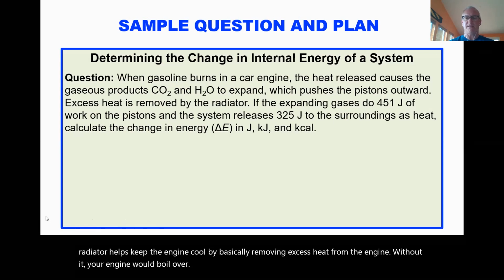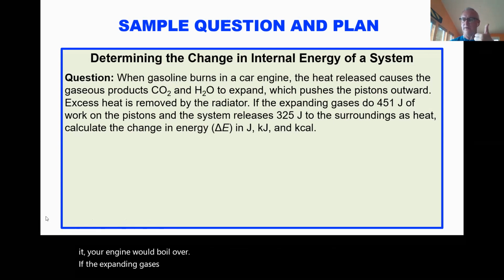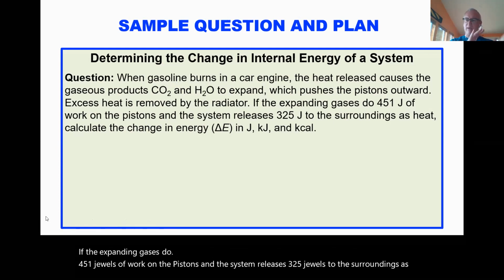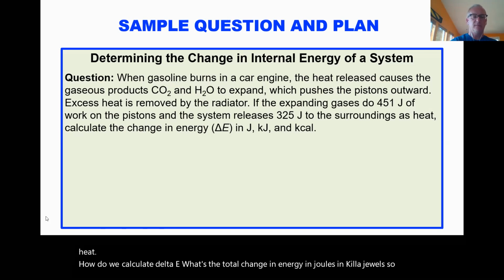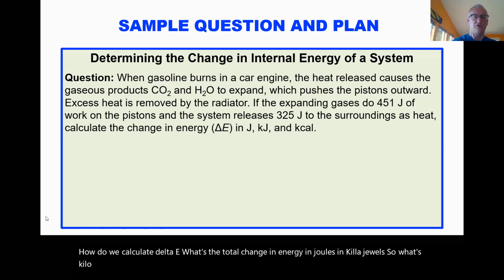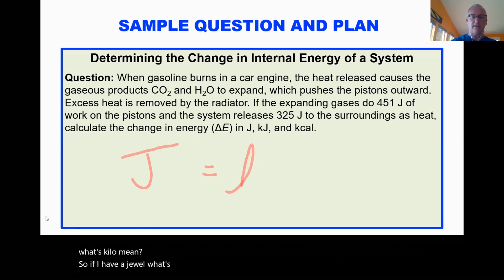If the expanding gases do 451 joules of work on the pistons and the system releases 325 joules to the surroundings as heat, how do we calculate delta E? What's the total change in energy? In joules, in kilojoules. So what does kilo mean? If I have a joule, what's the difference between a joule and a kilojoule?